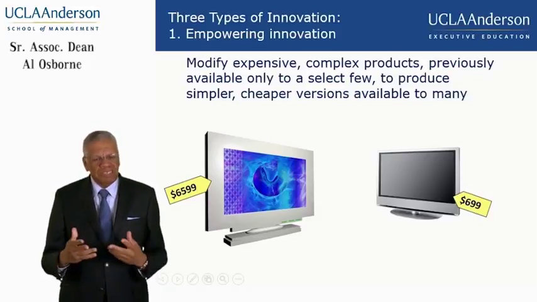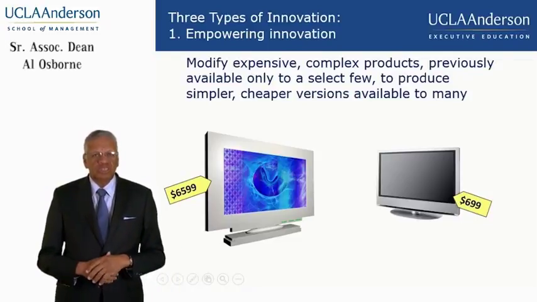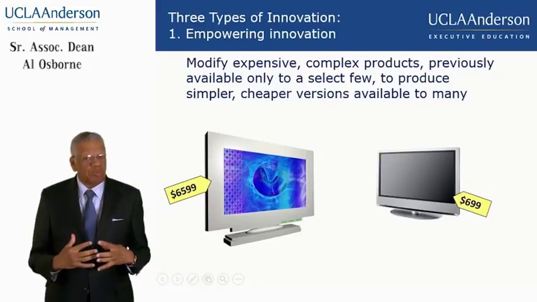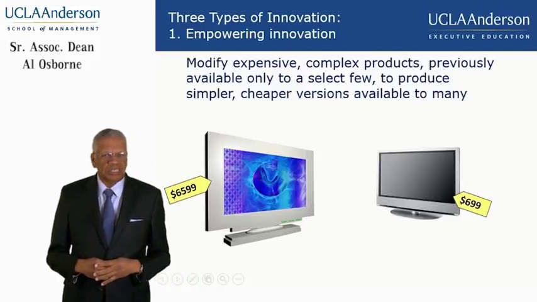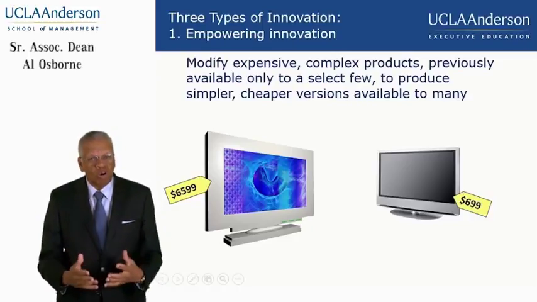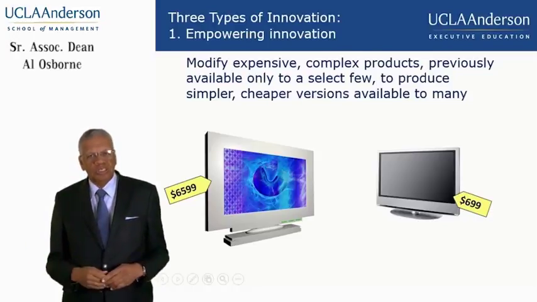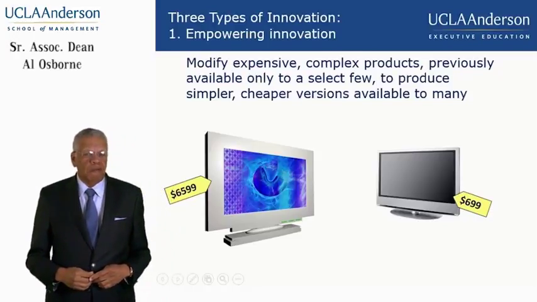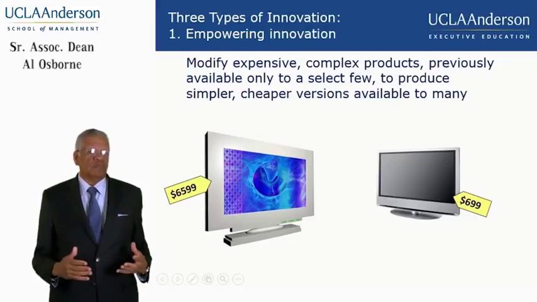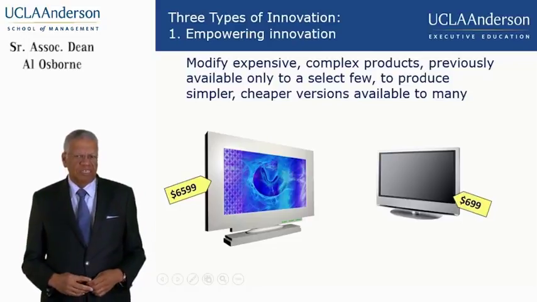An innovation like that totally changes the way in which people are able to use what these products or services were created for. It makes things simpler and cheaper, more available to many, so that they can enjoy the benefits that previously unaffordable, expensive products provided.